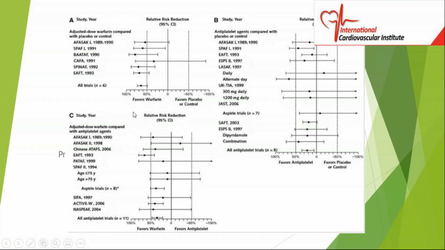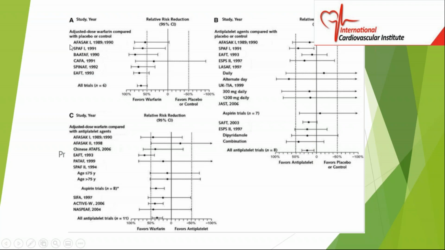So the study comparing warfarin with placebo. This is one of the early studies, and this is what we call a meta-analysis, when we combine a bunch of studies to see if they're effective. The AFASAK, the SPAF, the BAATAF, the CAFA, the SPINAF, these are all from 1989, 1990, 1991.